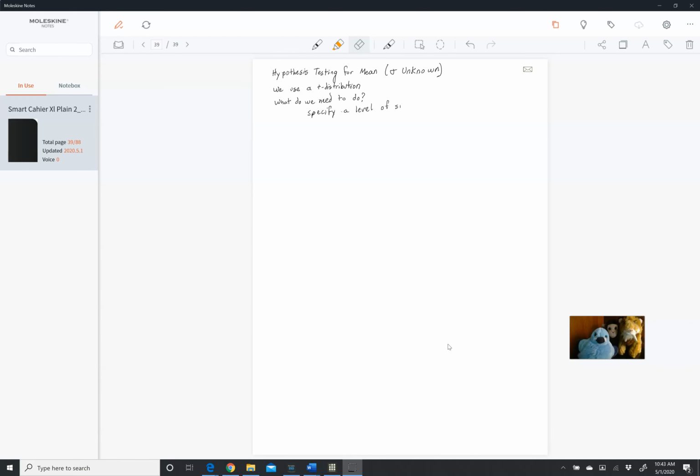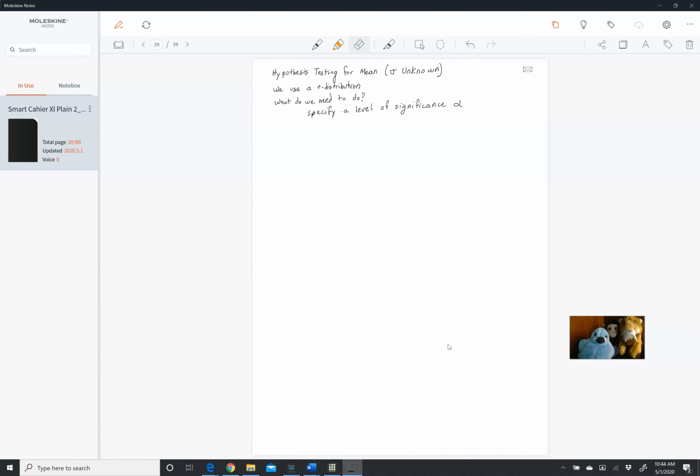And remember that level of significance, the notation for it is alpha. Okay, it's typically 0.1, 0.05, 0.2 even, and 0.01. And in these t-distributions, you'll also see in the t-chart that you might have an alpha that's equal to 0.02, okay?